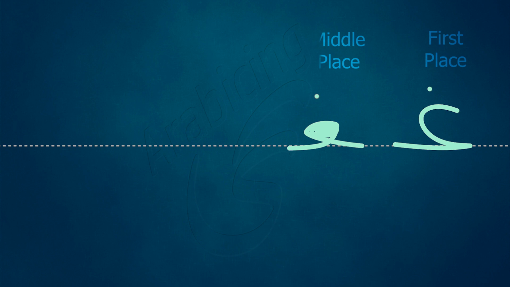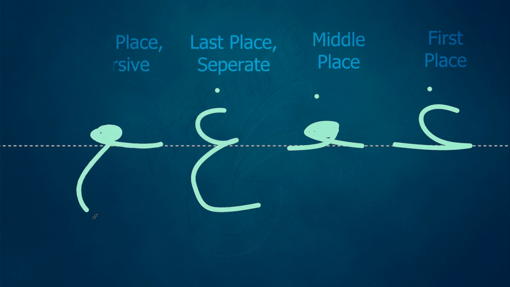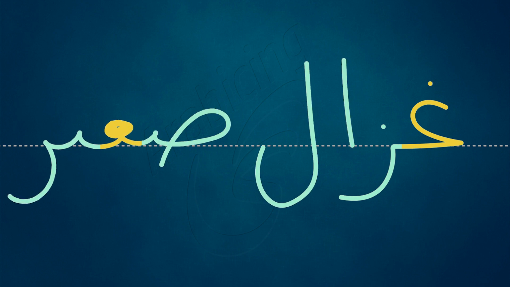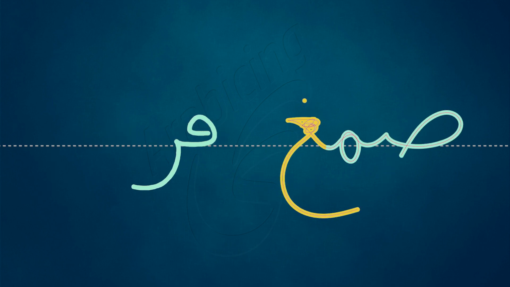This is غين in the first place, and middle place, and last place cursive, and last place separate. And this is the letter within words. غزال, صغير, صمغ, فراغ.